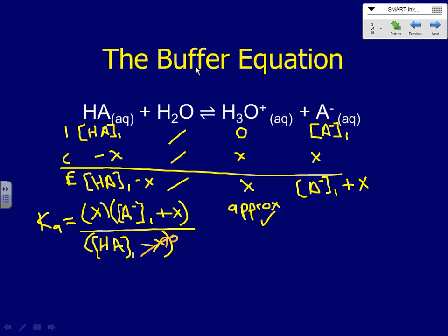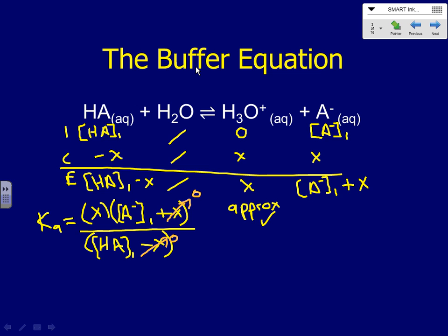We're starting with a significant amount of this and a significant amount of this, and if it barely shifts, then this is also approximately 0. Because this X will also be small compared to this conjugate base that was already added to the solution. Remember, this isn't being formed. It's in the solution to start with. So I've got a significant amount of conjugate base and a significant amount of acid.